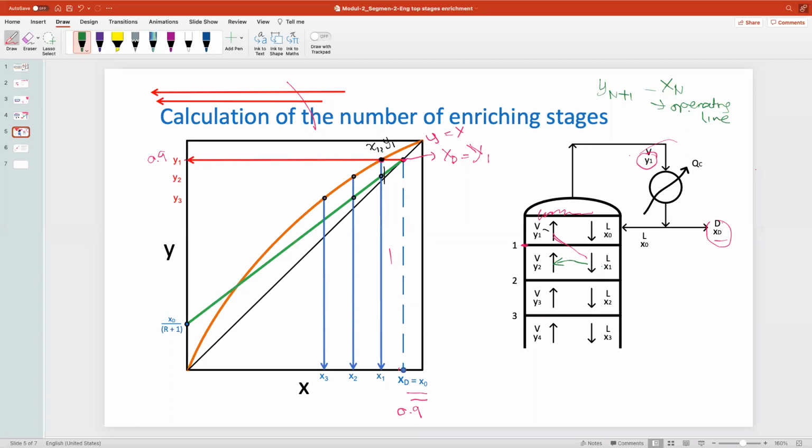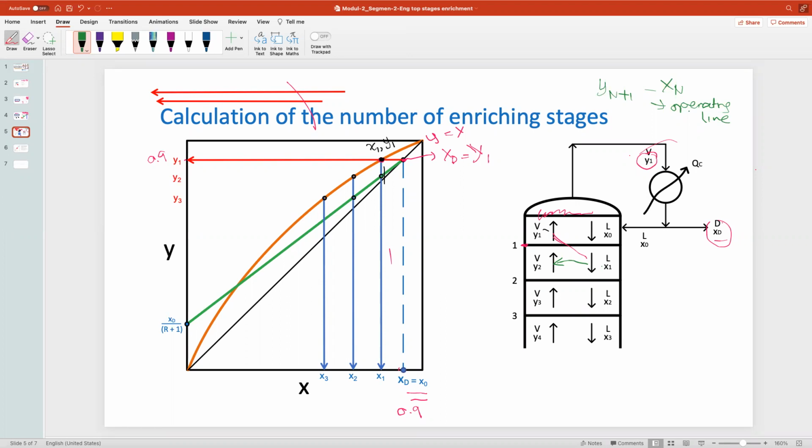Okay, so this is the coordinate for X1. I'm going to go down here and then stop here. As Gamma said, it is on the green line here. So this is my point that represents the operating line. Okay, Gamma, can you read which one is the mole fraction of vapor, Y? How to read this point? Maybe you want to draw?